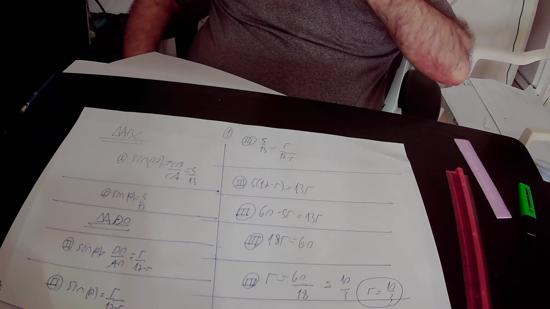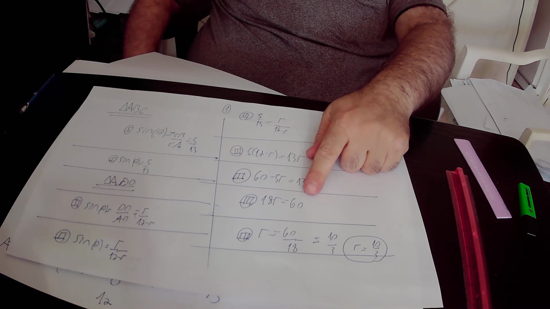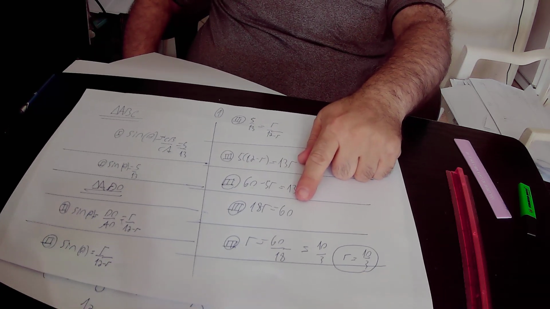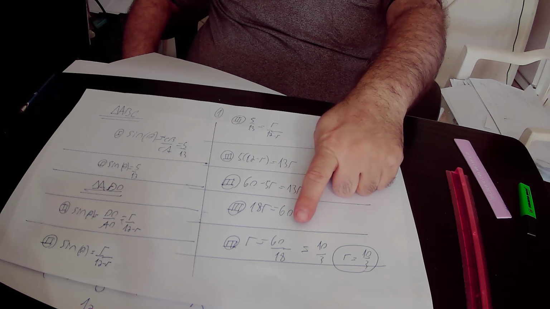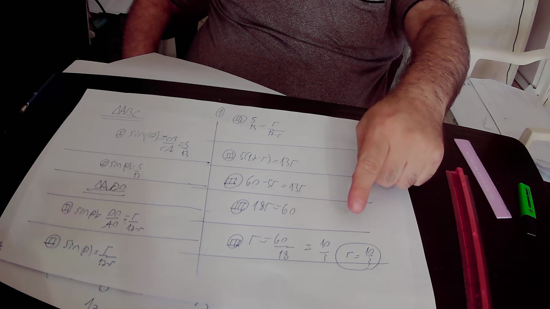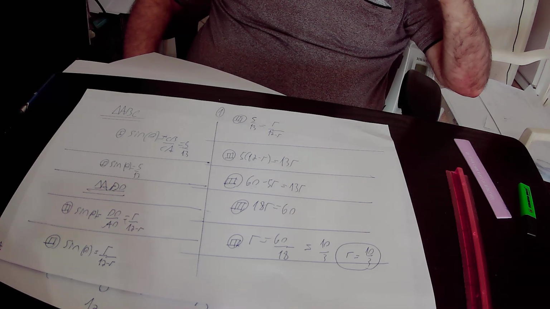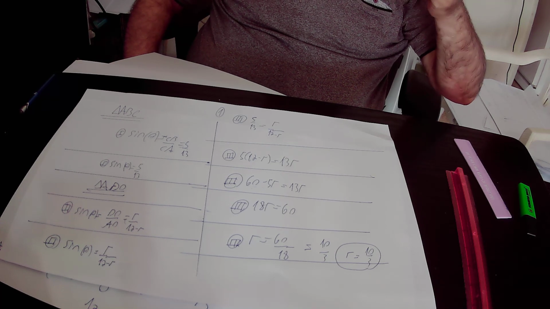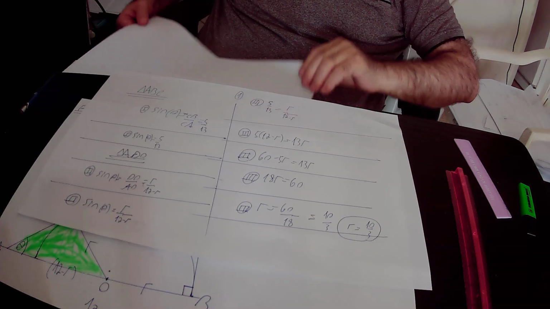So 18r equals 60. We divided by 18, and we got that r equals 60 over 18. Here we divided both the numerator and the denominator by 6. 60 over 6 is 10, and 18 over 6 is 3. So we found out that the radius of the semicircle equals 10 over 3 units.